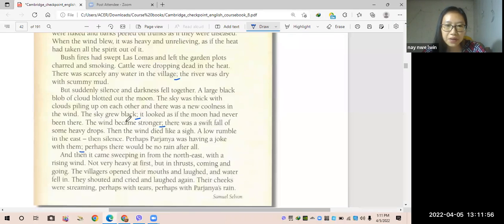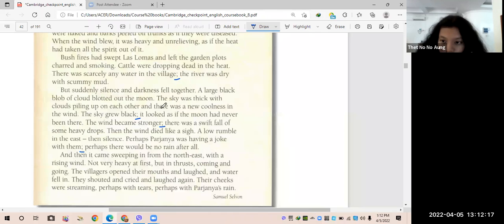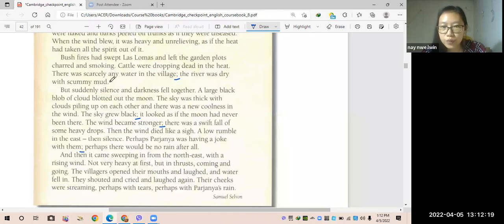And how about the third one? "The sky grew black; it looked as if the moon had never been there." So how about this one? Connecting words. If you want to use connecting words, which words will you use?